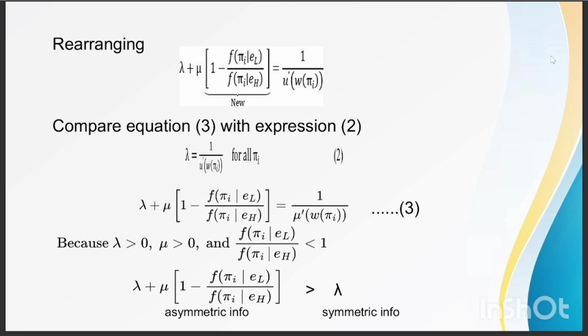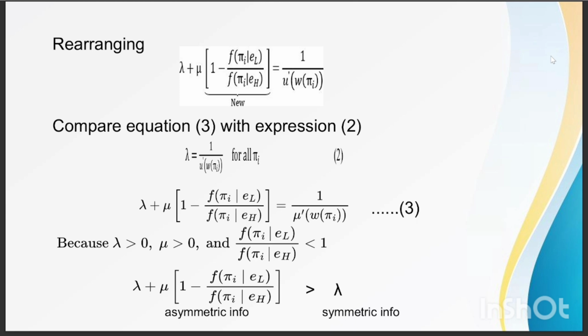So we can see the result for asymmetric information and symmetric information. Here lambda is for symmetric information, which is our first best solution. Here effort is observable, so the principal only needs to pay the minimum wage to keep the worker at high effort. And the other part with mu, this is our asymmetric information.